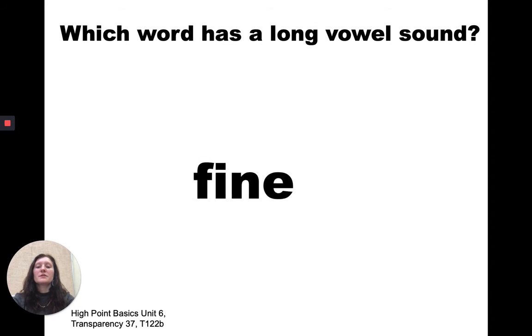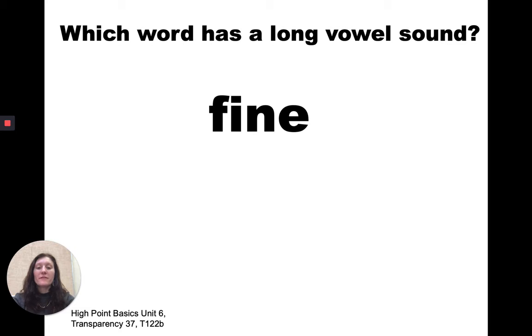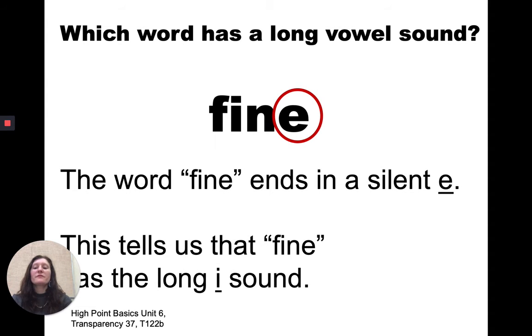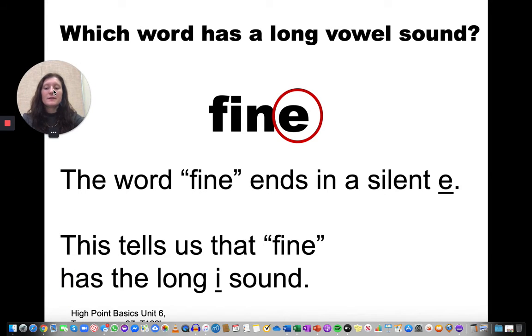So we know it's going to be the word fine, and we know this because the word fine ends in a silent E. And this tells us that the word fine has the long I sound. So any words that end with the vowel E are going to have the long vowel sound.